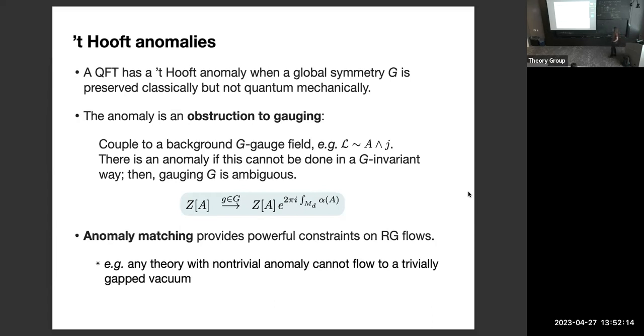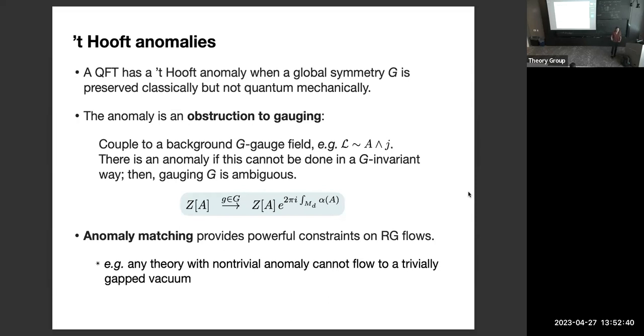So in particular, under a background gauge transformation, if my partition function transforms up to a phase, where this phase alpha depends in general on the background gauge field of the global symmetry, and if I can't cancel off this phase with local counterterms, then I have an anomaly.